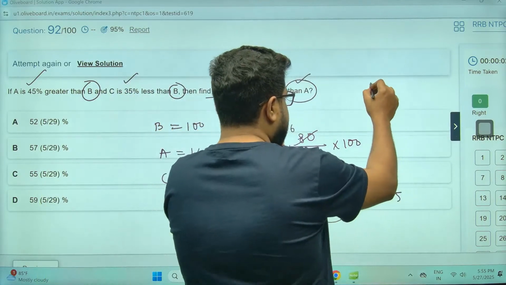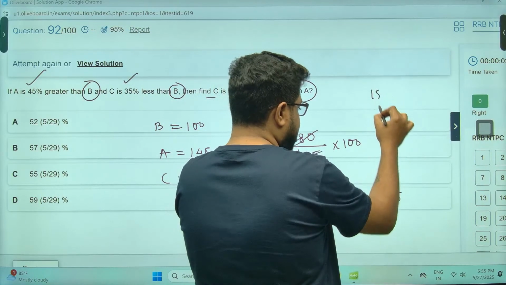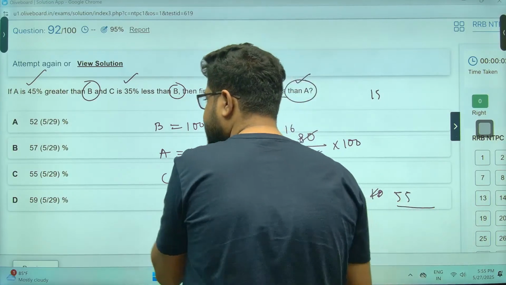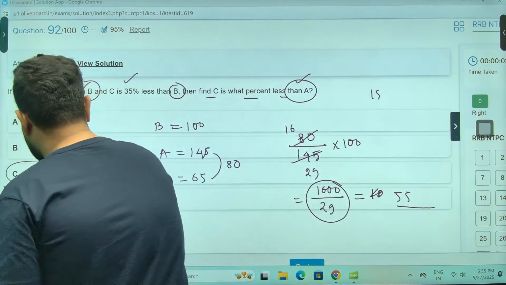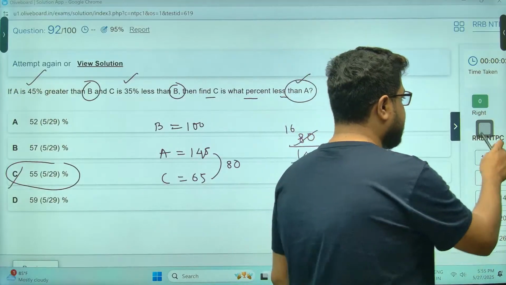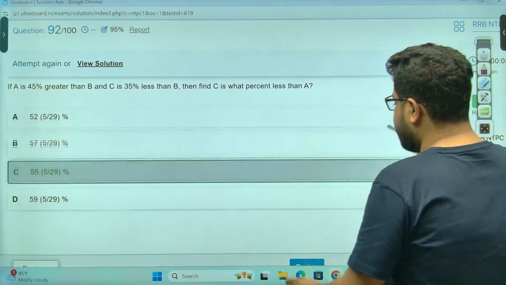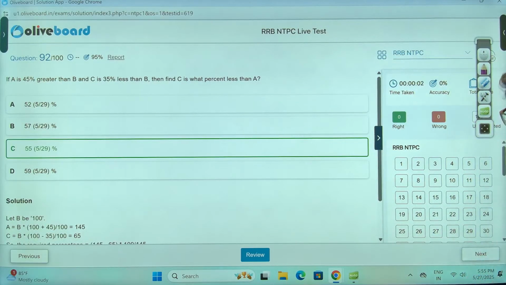So 15 remaining out of 150. Is it 55 point something? Option C is the answer, 55 point something. No need to do the entire calculation.